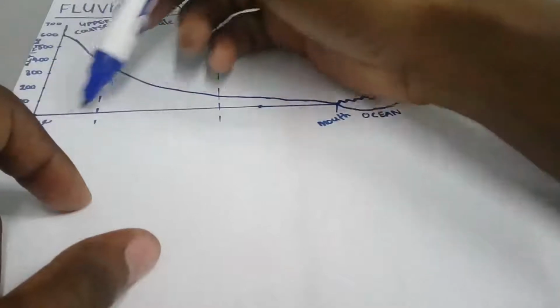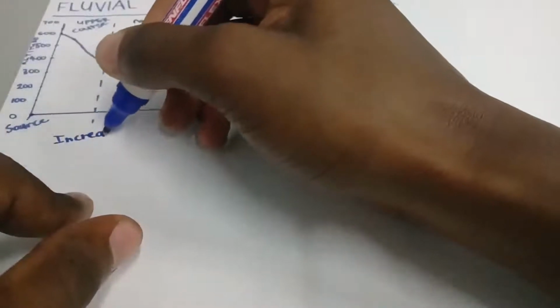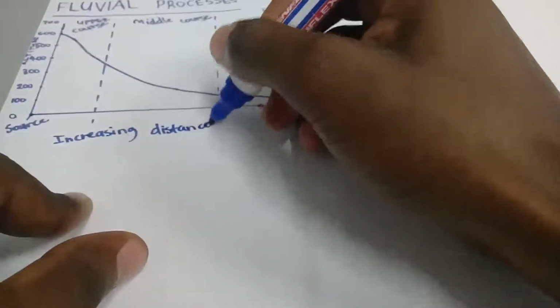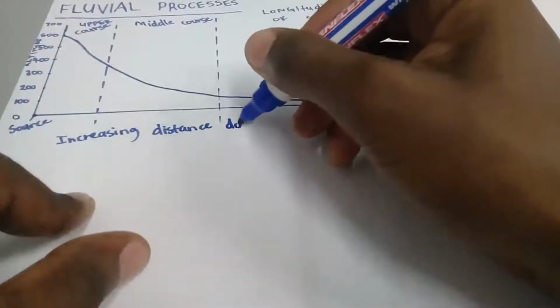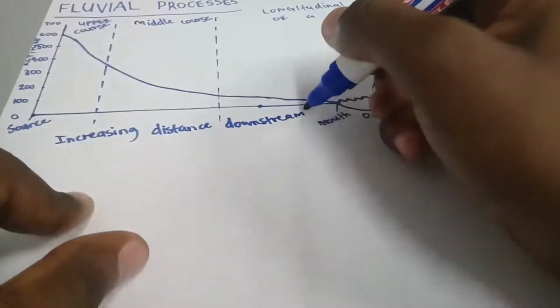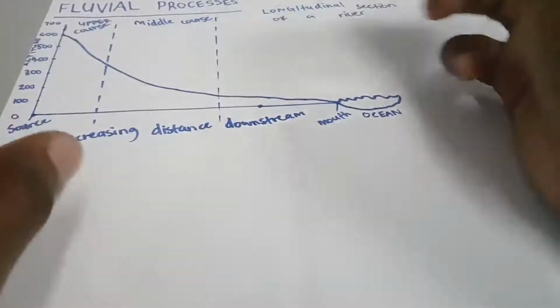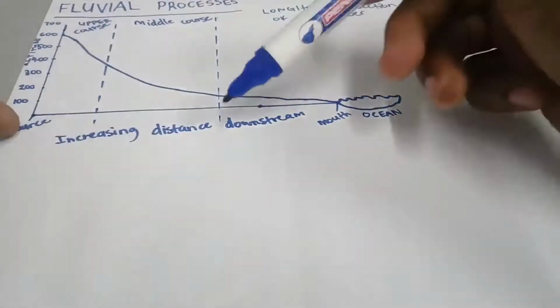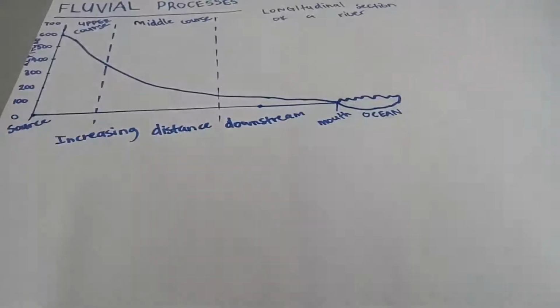This is the increasing distance downstream. You can see the distance covered by a river increasing.